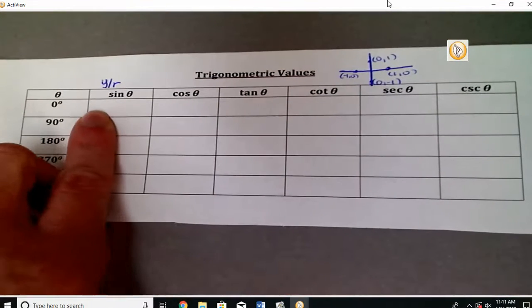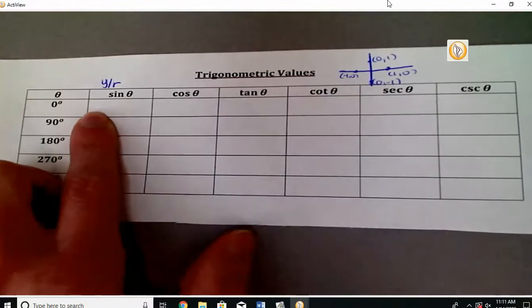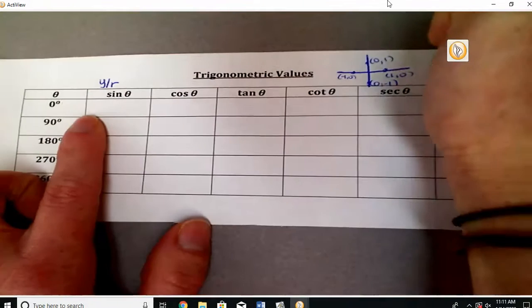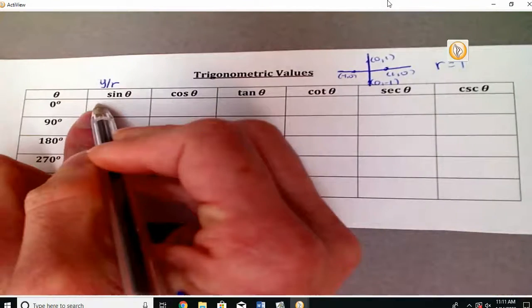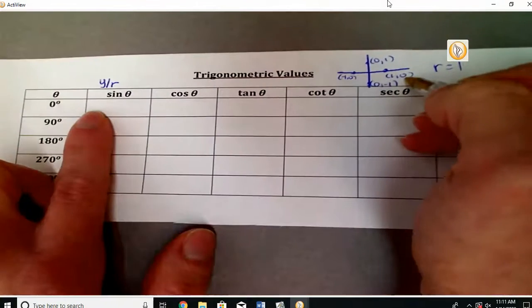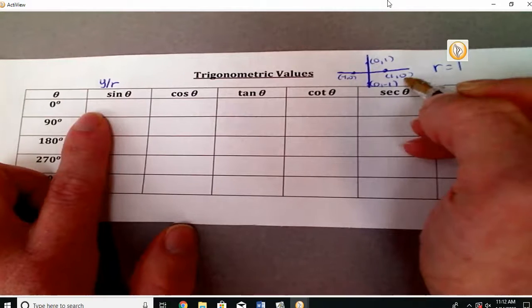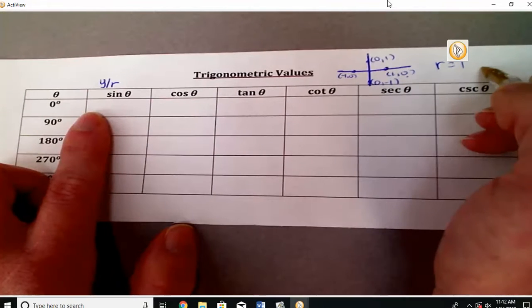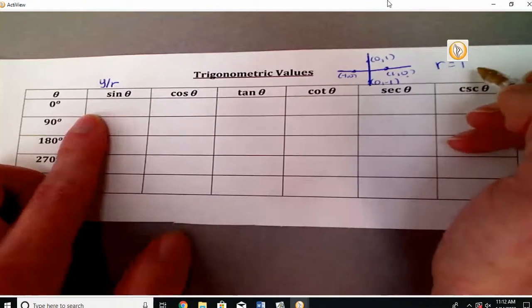So at 0 degrees, sine of 0, we said r is always 1. So our y value at 0 degrees is 0 divided by 1, 0.